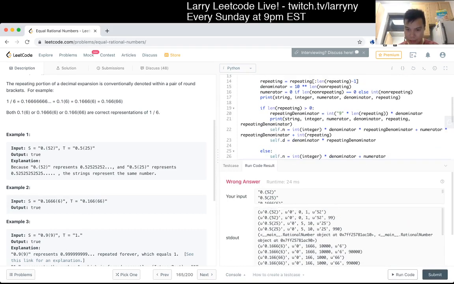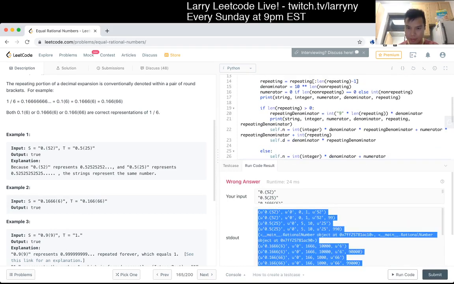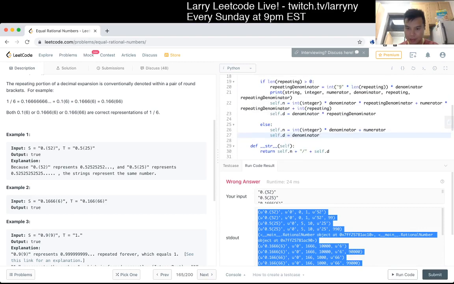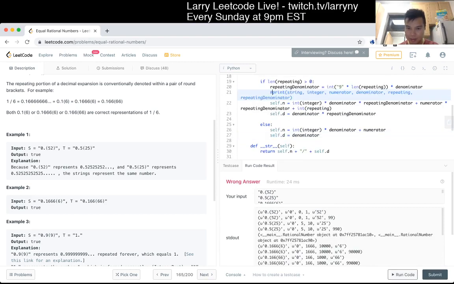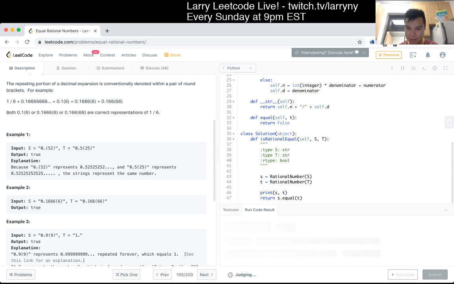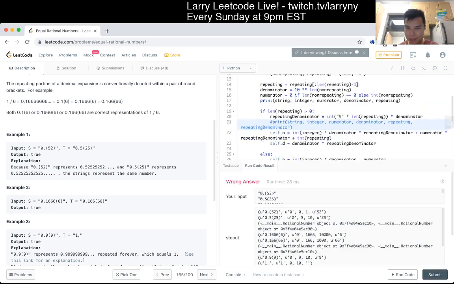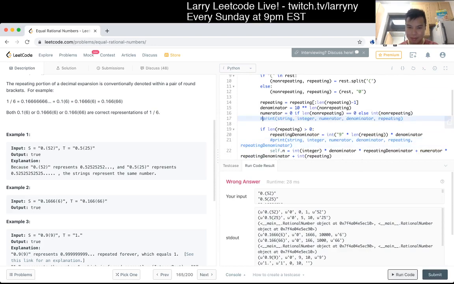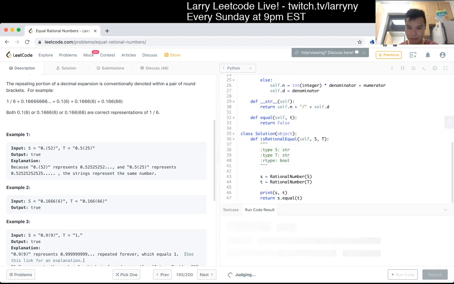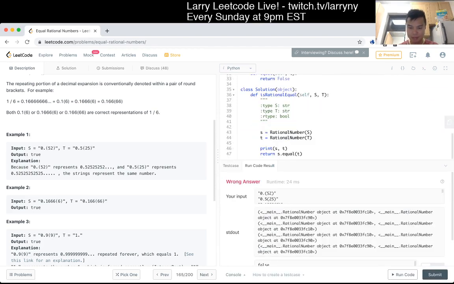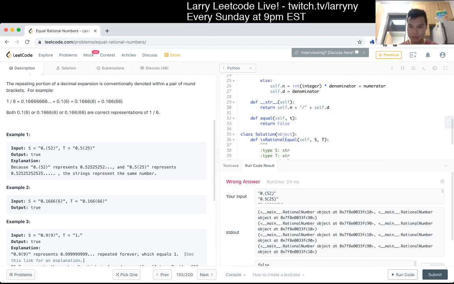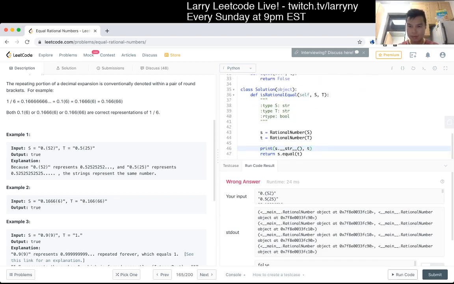So okay, I could remove this print and then just. I put it in a lot of places. Okay. Is that not how I do?